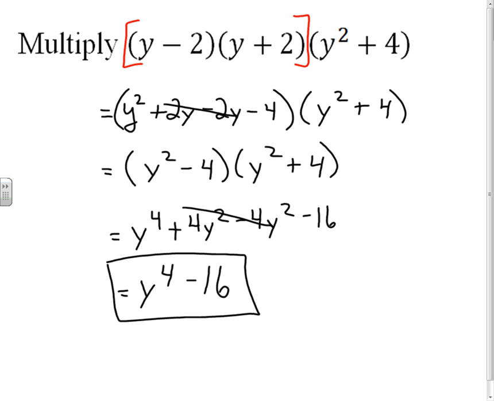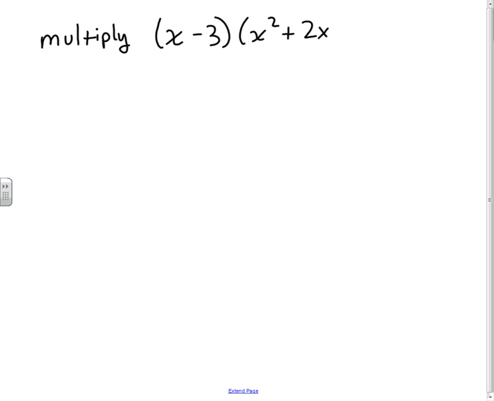And let's just add one more multiplication problem. So let's multiply x minus 3 times x squared plus 2x minus 5. Okay, now in this case, we're going to use distributive property. We're going to multiply this x by each term in that next polynomial.